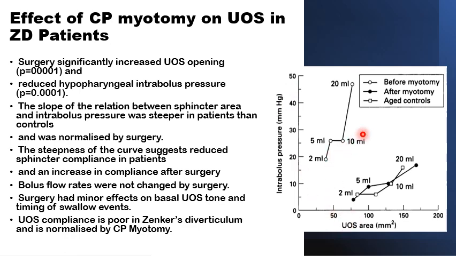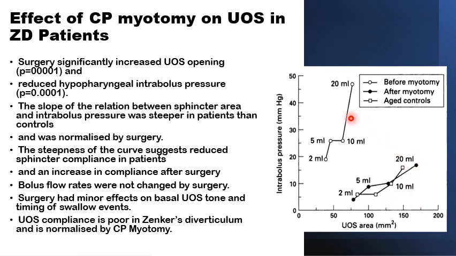In patients who have pouches, you could see that they require much higher pressure to open up the upper esophageal sphincter, while in normal patients, those with the solid black dots in here, they require much less pressure to open up the upper esophageal sphincter much more widely.